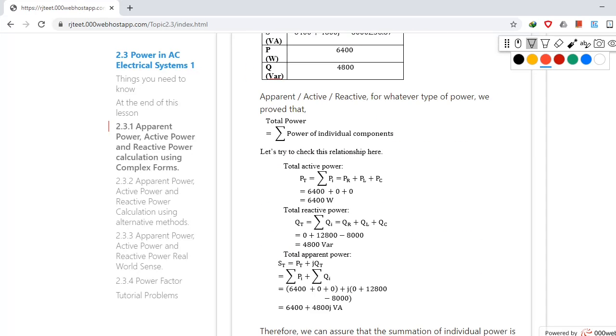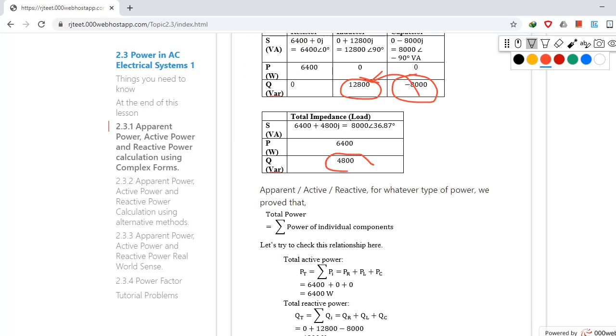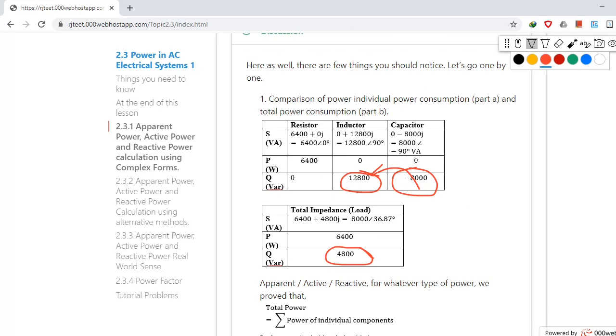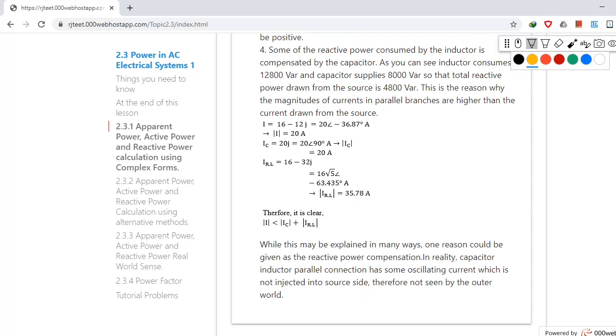So that's what happened here. That's why the total reactive power is less than what is consumed by the inductor. You can clearly see here it is 12,800 and it has dropped down to 4,800 when you consider the entire load. That's because some of the power consumed by the inductor is given by the capacitor. So the capacitor is supporting the inductor. This is the idea.